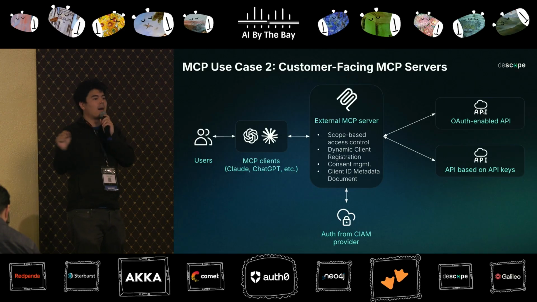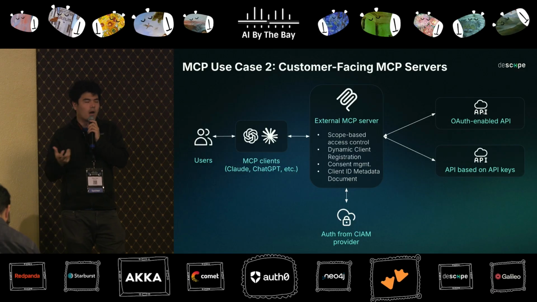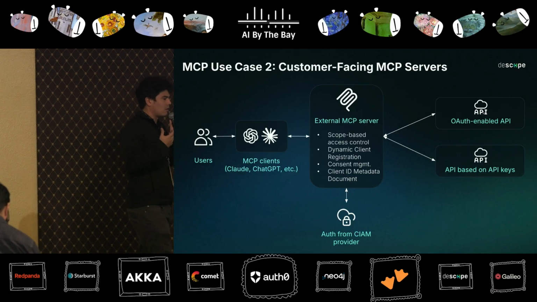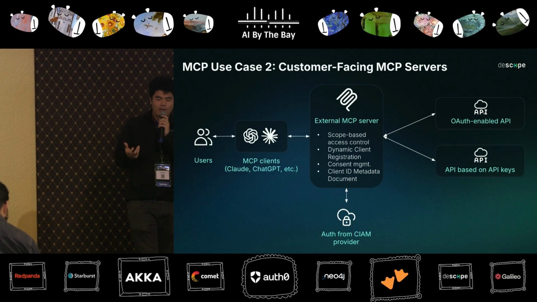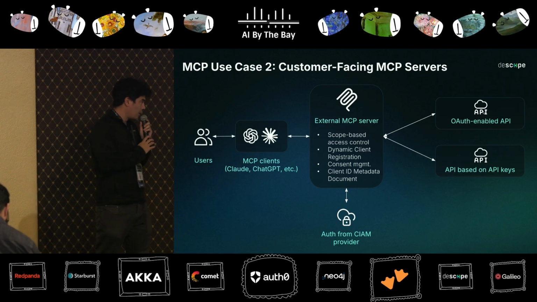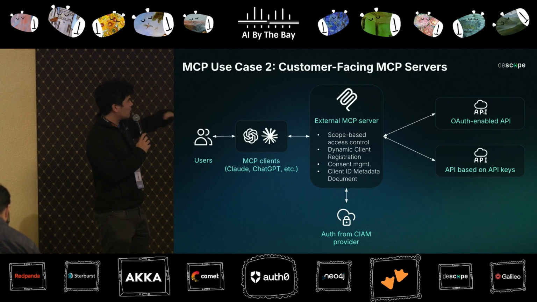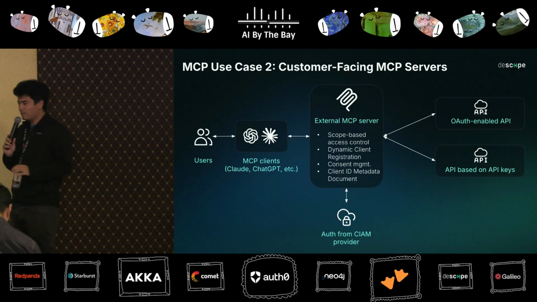I'm giving it access to buy things. Because this is fundamentally what authorization is about: making sure that the user is aware of what they're authorizing and giving them control over that. And so these are the two main use cases for MCP.